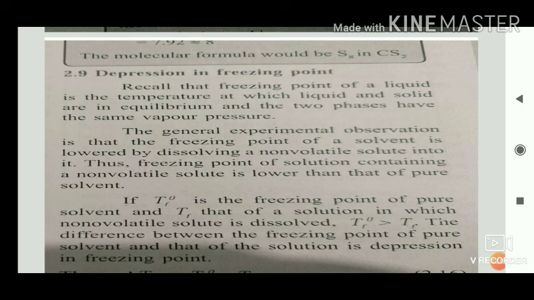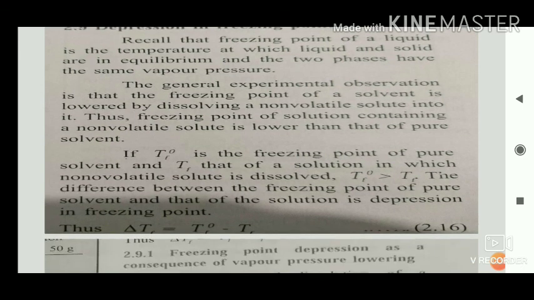If TF0 is the freezing point of the pure solvent and TF is the freezing point of the solution. Here T means temperature, F means freezing point, TF is used for the solution and TF naught is used for the solvent. By definition, TF naught is greater than TF.